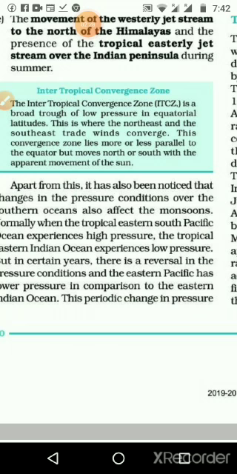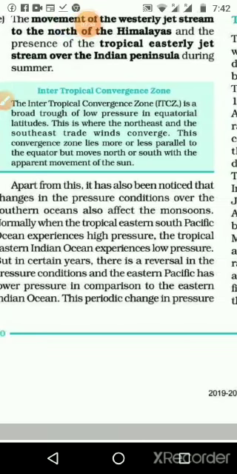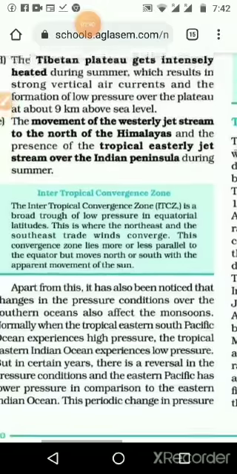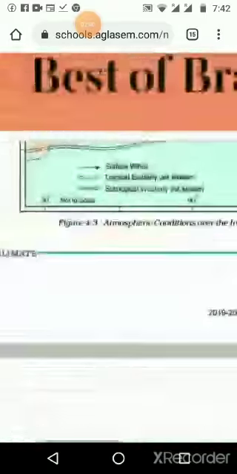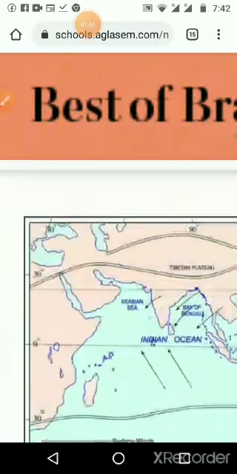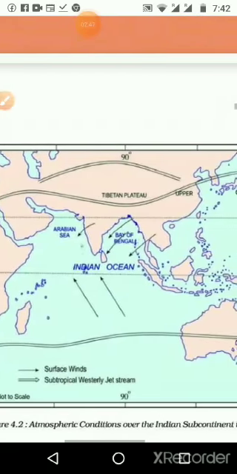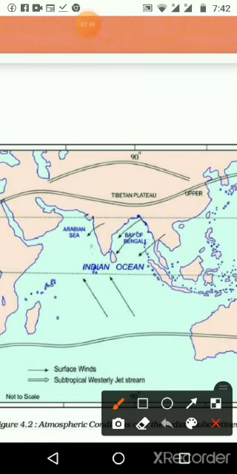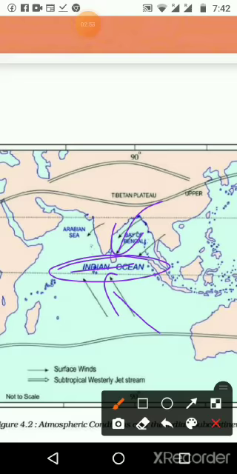Why are we getting it like that? Because of the high rate of sunshine there. This is where the northeast and the southeast trade winds converge. We have seen that on the last page: the wind, especially in the month of January, is moving from the north side to the equatorial region, and from the south side also to the equatorial region, and it is converging here in the equatorial region.